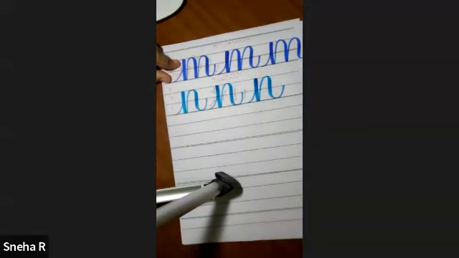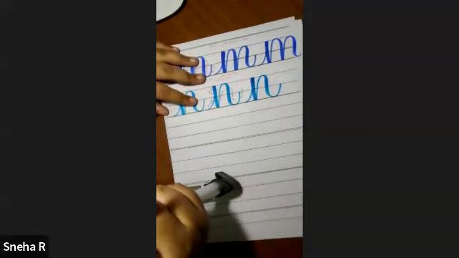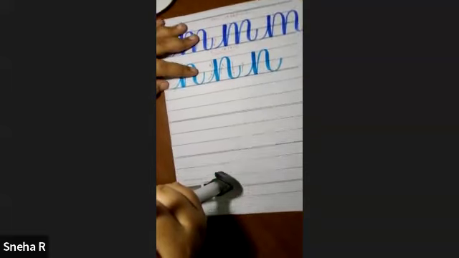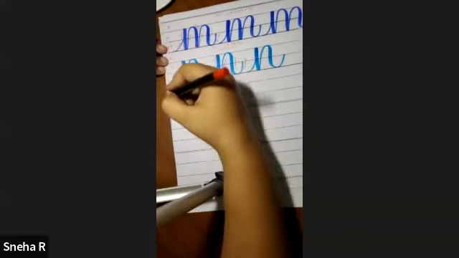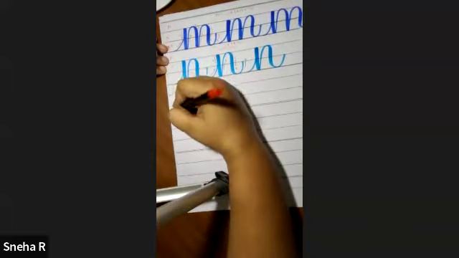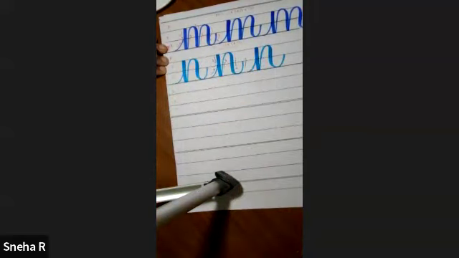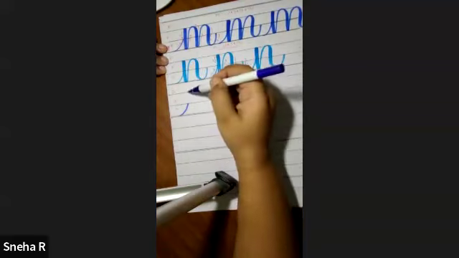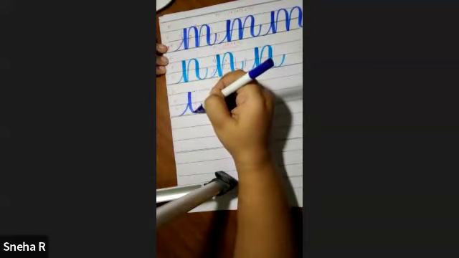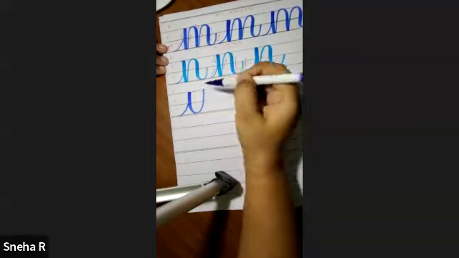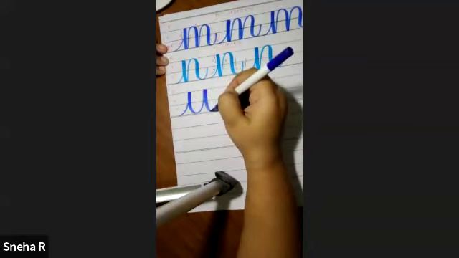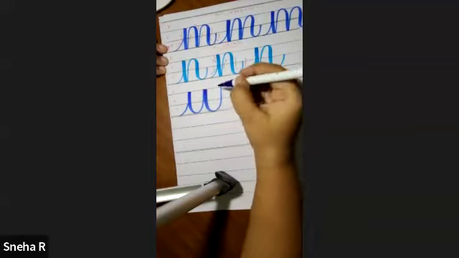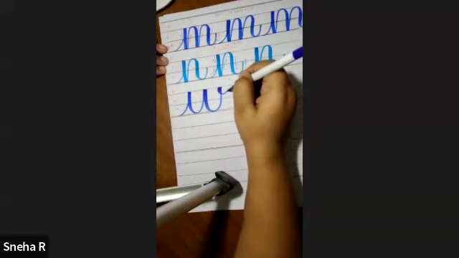Next one is W. So W is entry stroke, first underturn, second underturn, and a small underturn on top.